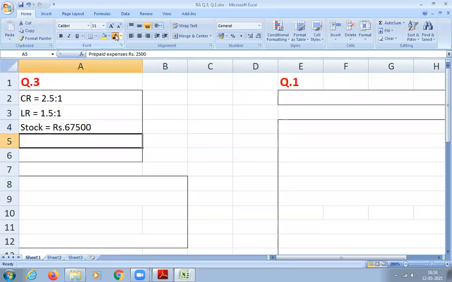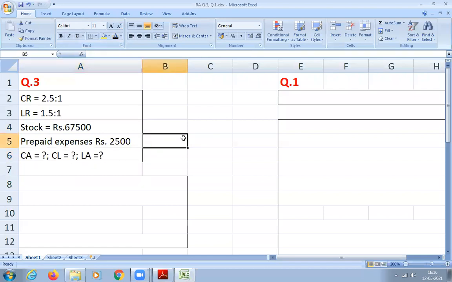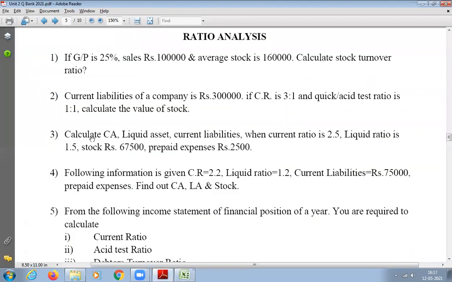So what are you supposed to calculate now? CA, current assets. Then CL, current liability, and liquid assets. We have to calculate current asset, liquid assets, and current liability.